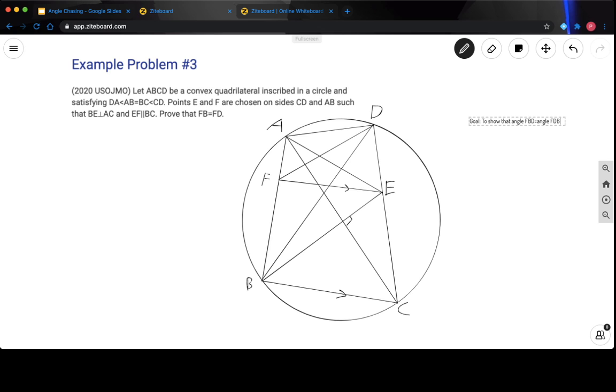Okay, so the first point is to notice that ABCD is cyclic as given. Also notice that FE is parallel to BC, which means that angle ABC is equal to angle AFE. So let's write that down.